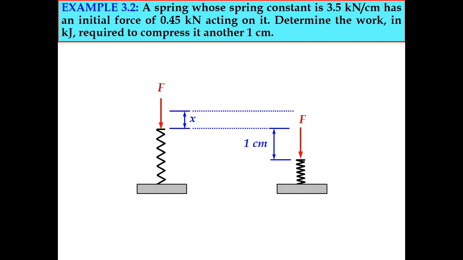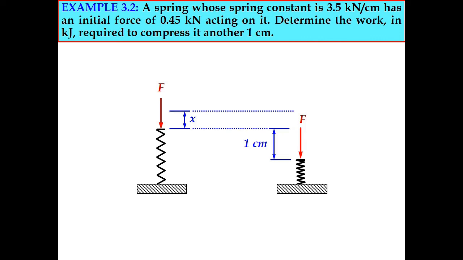For the final state, in terms of displacement, you just add 1 centimeter to the value of x that you calculated for the initial state, and then use the same equation F equal to kx. The value of k you already have.